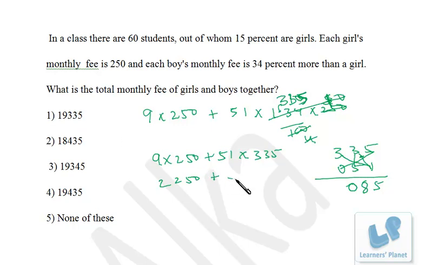So it's 0, 8, 5. So unit digit must be 5. Second digit must be 5 plus 8, 13. Third digit must be 2 plus 1, 3, right? So the last 3 digits must be 335. So that's there in this option. Okay, I hope you are clear.